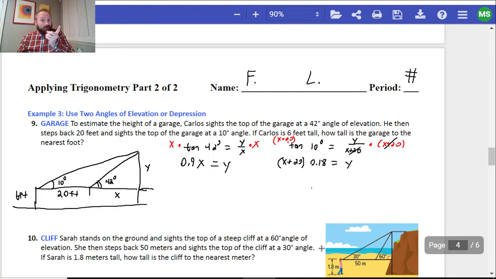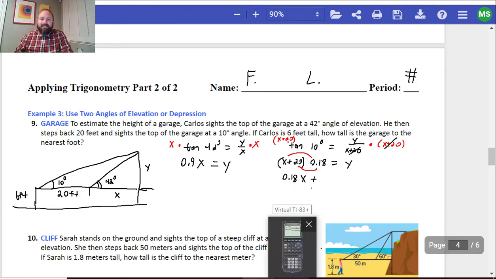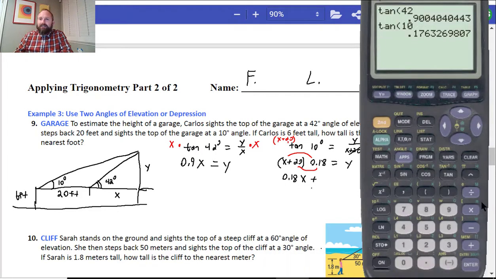Alright, we're almost there. So if I multiply these out using the distributive property, saying, hey, I'm going to multiply this and this, I get 0.18x plus, well, whatever 20 times 0.18 is. Well, let's do it. Times 20. And I get 3.53. Let's put that, 3.53.